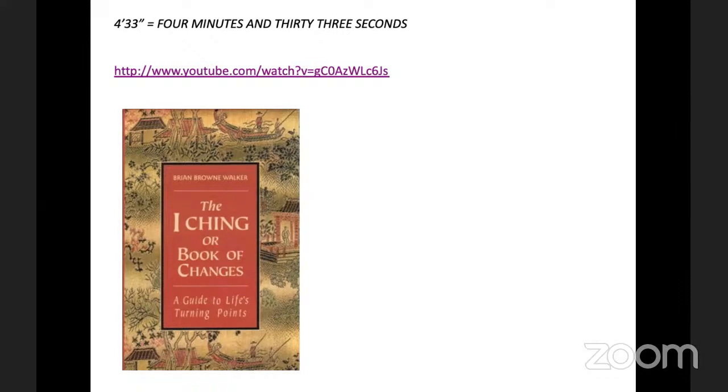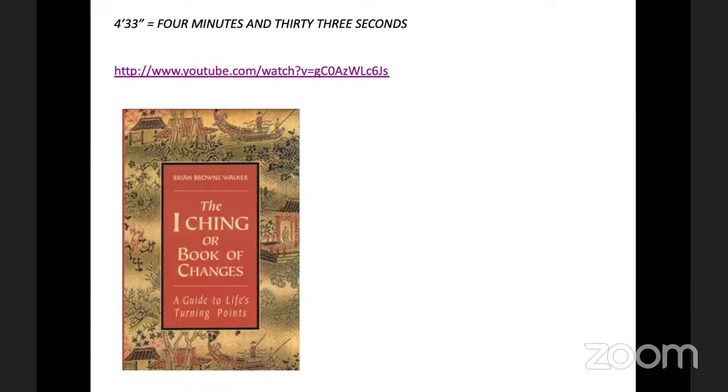It's a divination book where you use yarrow sticks and numbers and you throw them, so it's a chance way of deciding things for you. Someone described the I Ching once like an old friend who guides you and gives you different kinds of possibilities. You in the end then decide.